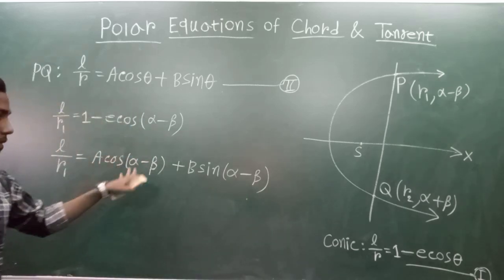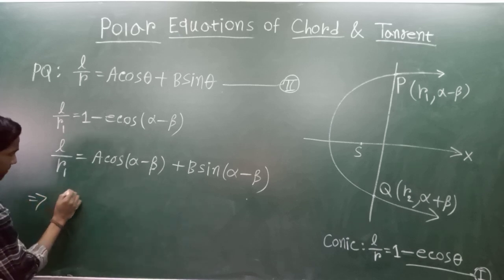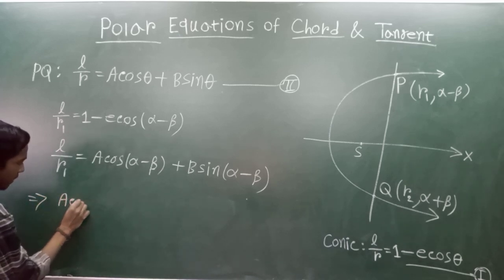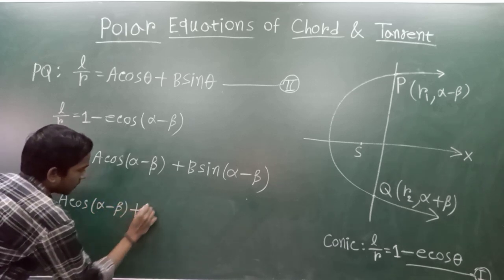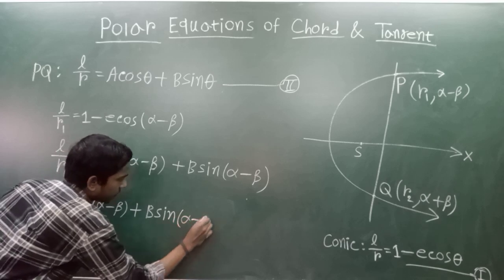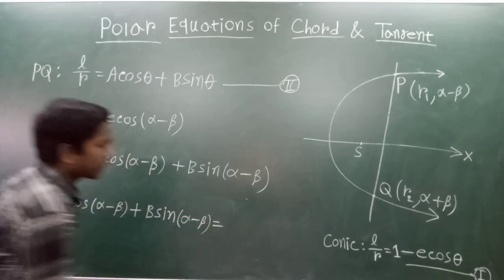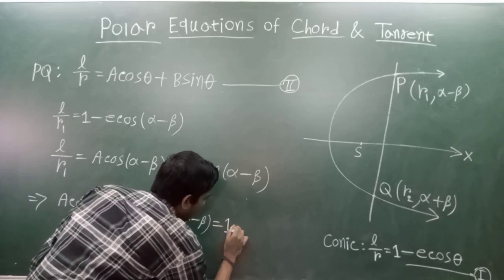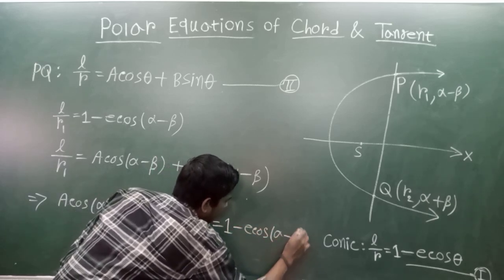Now we can compare them. So this implies A cos alpha minus beta plus B sin alpha minus beta equals 1 minus e cos alpha minus beta.